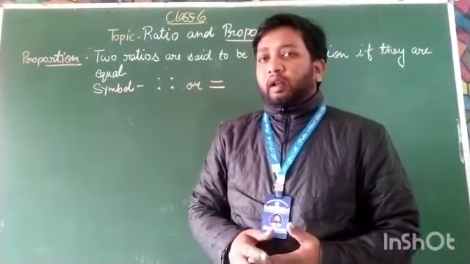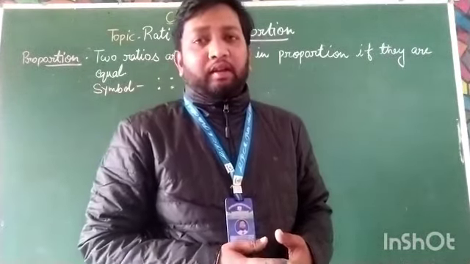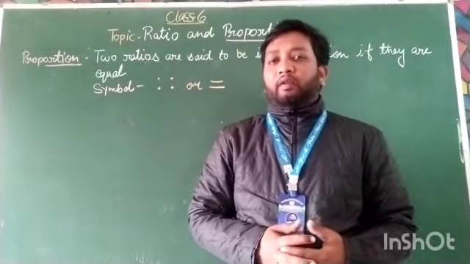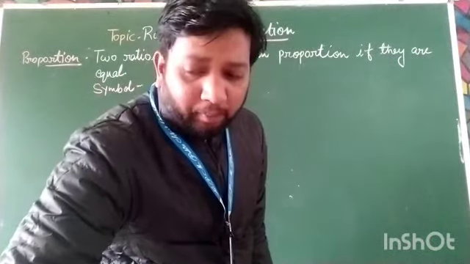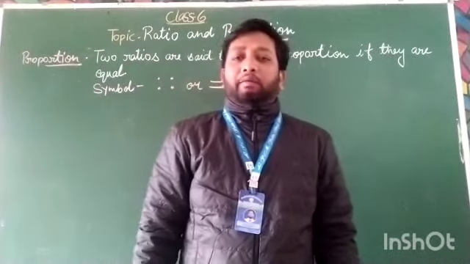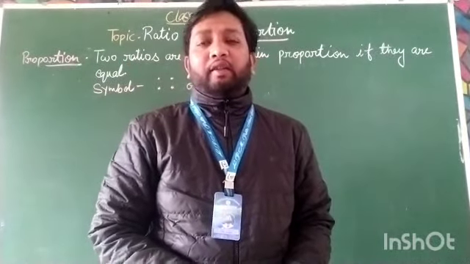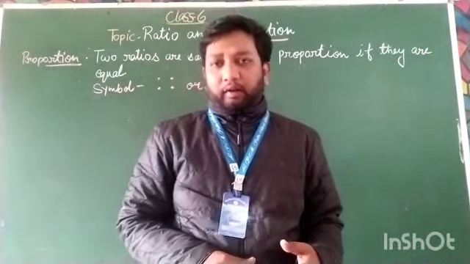Now moving on, since the chapter is ratio and proportion and we have finished everything about ratio, we go on and learn about proportion. We have already seen that a ratio is nothing but a comparison of two quantities of the same units.